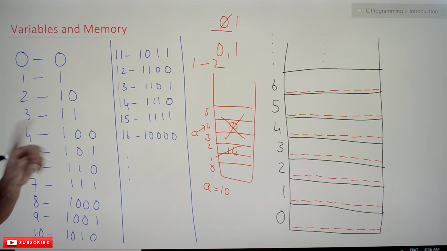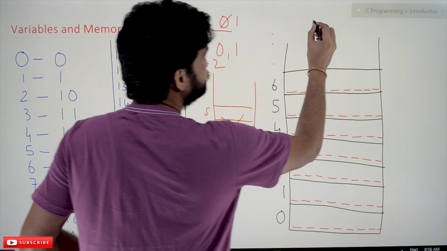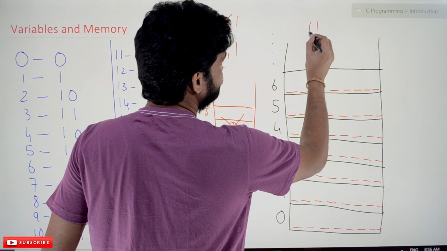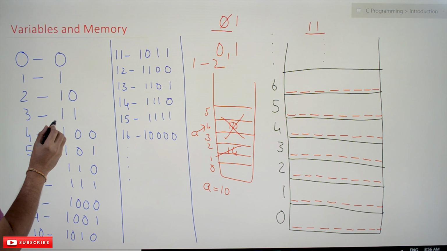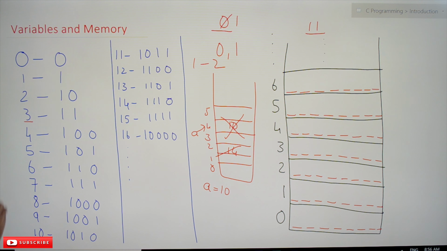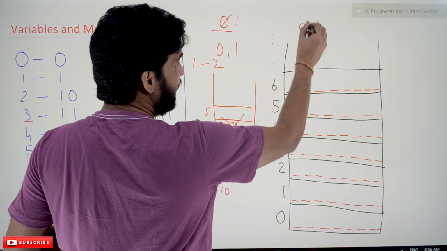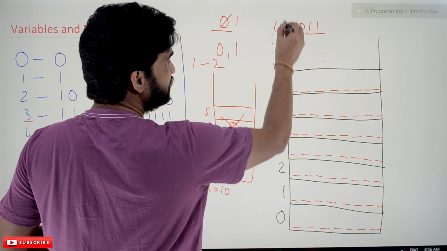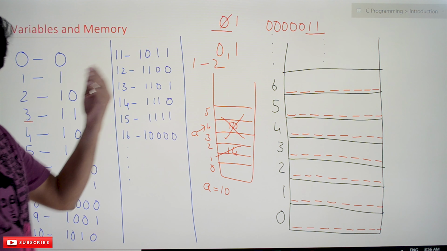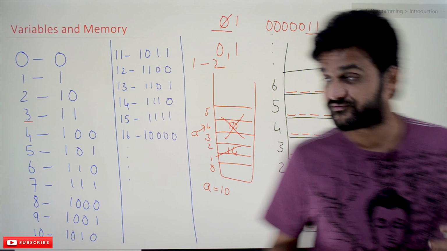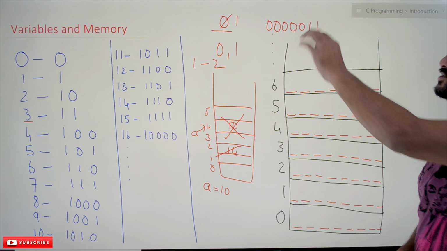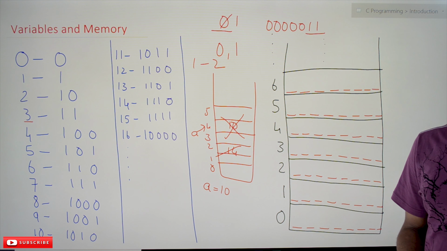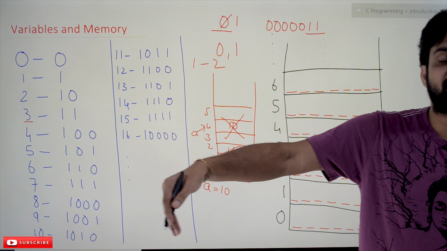Another point that you have to remember is, for a given binary number, for example, the binary number 11 is representing decimal number 3. If you add as many zeros as possible to the right-hand side of the given binary number, the value does not change.